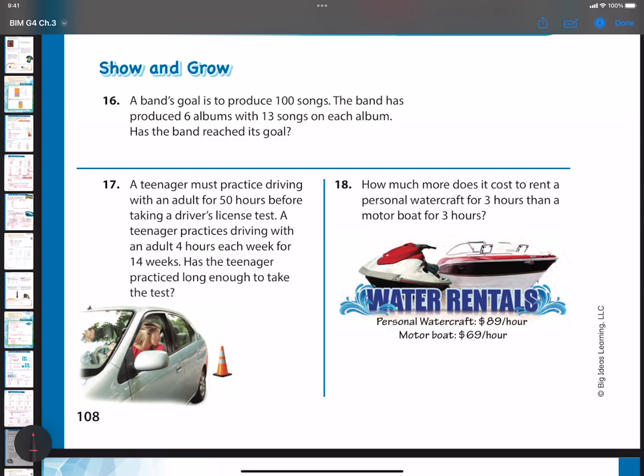Now, number 16. A band's goal is to produce 100 songs. Okay, that's their goal. The band has produced 6 albums with 13 songs on each album. Has the band reached its goal? Okay, let's find out. So they made 13 songs in each album, and how many albums? 6 albums. And then you can compare with their goal.